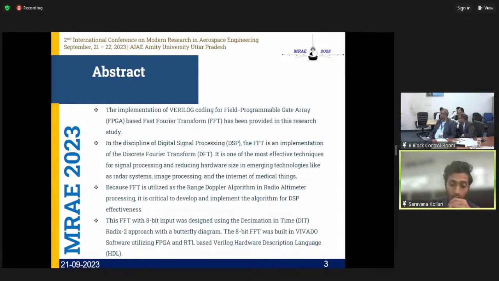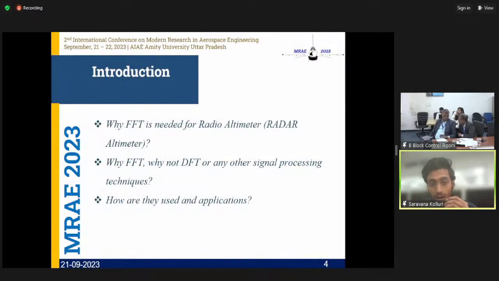Coming to the introduction, why do I need FFT for the radio altimeter? FFT is needed because I need to implement a range and Doppler algorithm, and FFT is one of the best methods for the range and Doppler algorithm, and for other algorithms also.